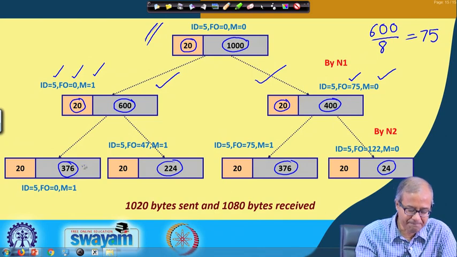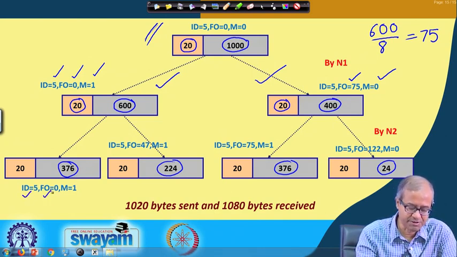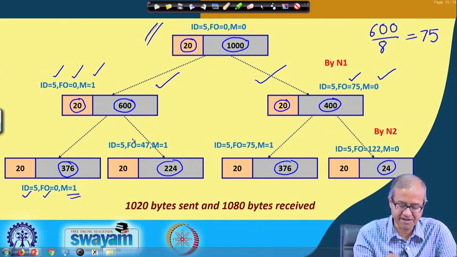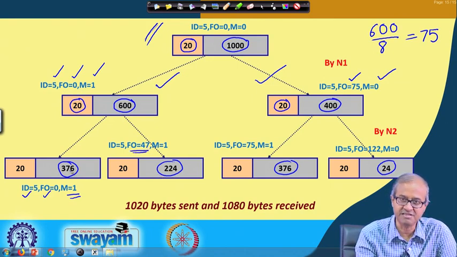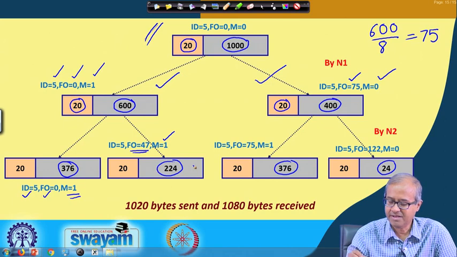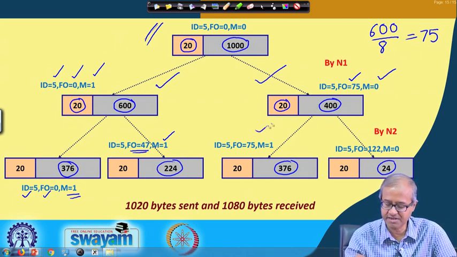So, again for this case the ID is 5, the first one has an offset of 0, and there are more packets. The second fragment generated from here will have an offset of 47, multiplied by 8 is 376, and again there are more fragments coming. And similarly for the second one, again there will be 2 fragments generated.